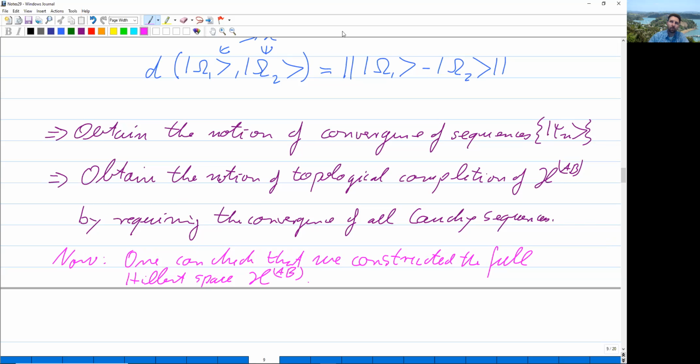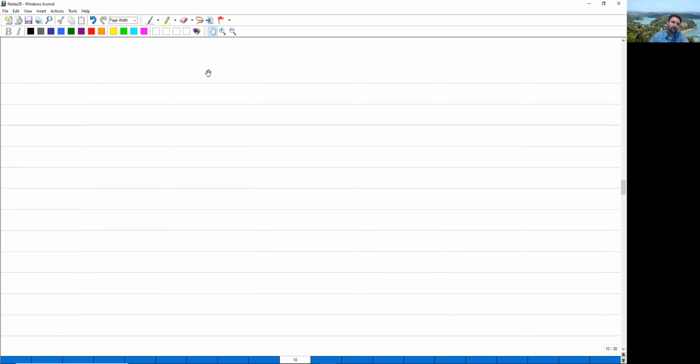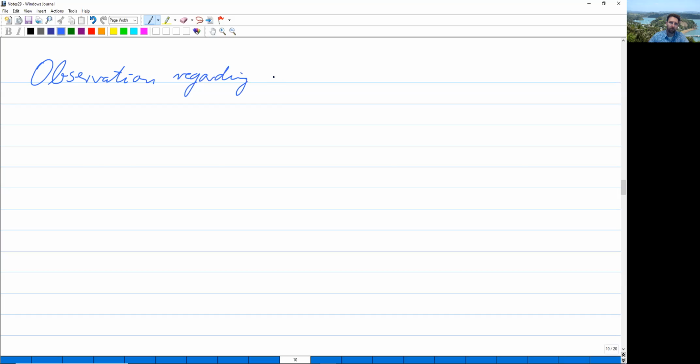Now, in order to find out what the operators are, let us start with an important observation regarding operators.